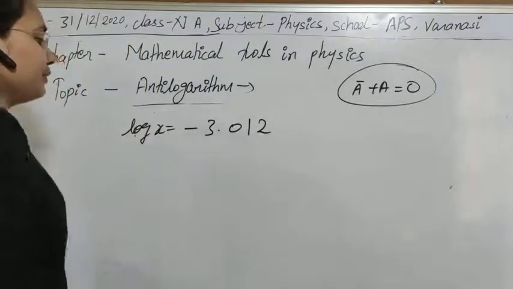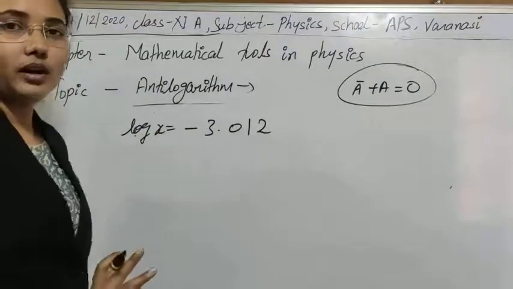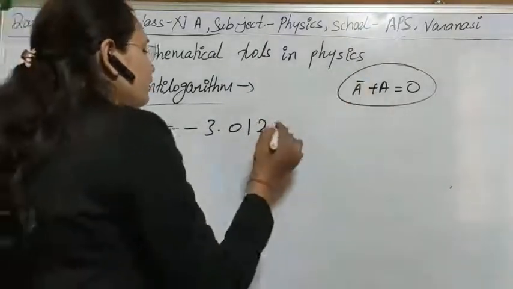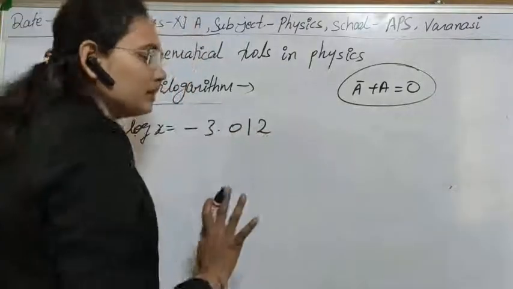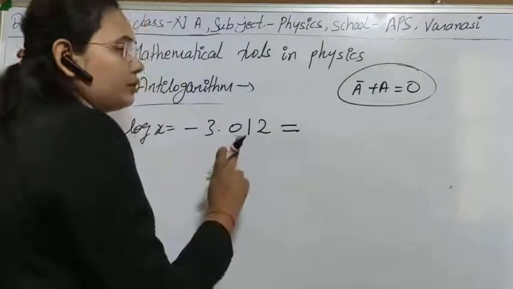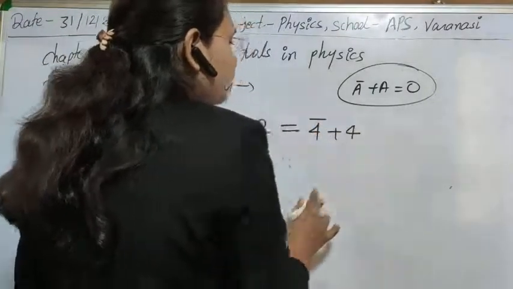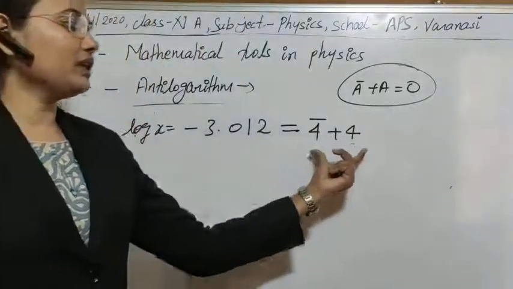If this is the value of log x and you have to calculate x, first of all you have to convert it into the positive way. For that conversion, as I told you, you have to put the value in this way. So what value can you put here?